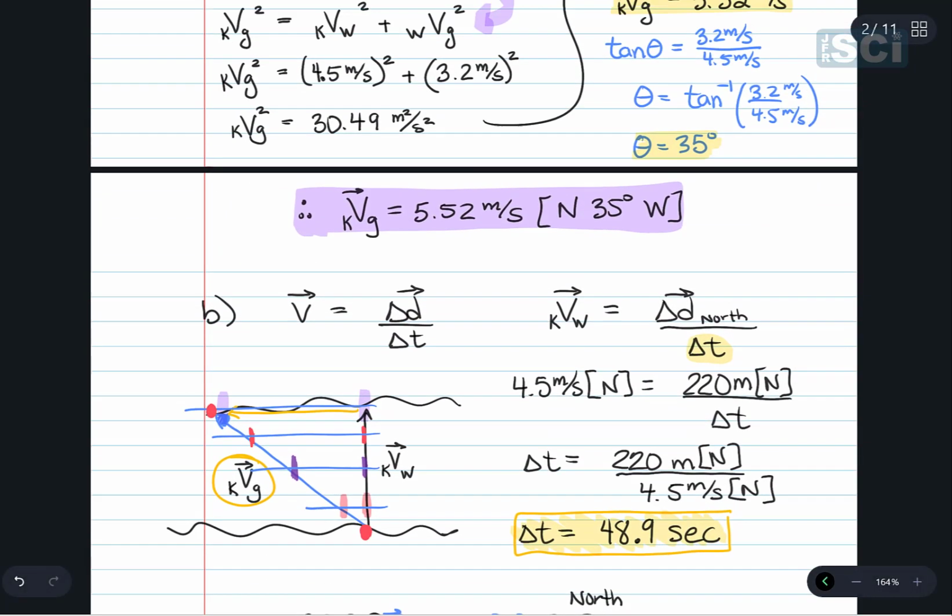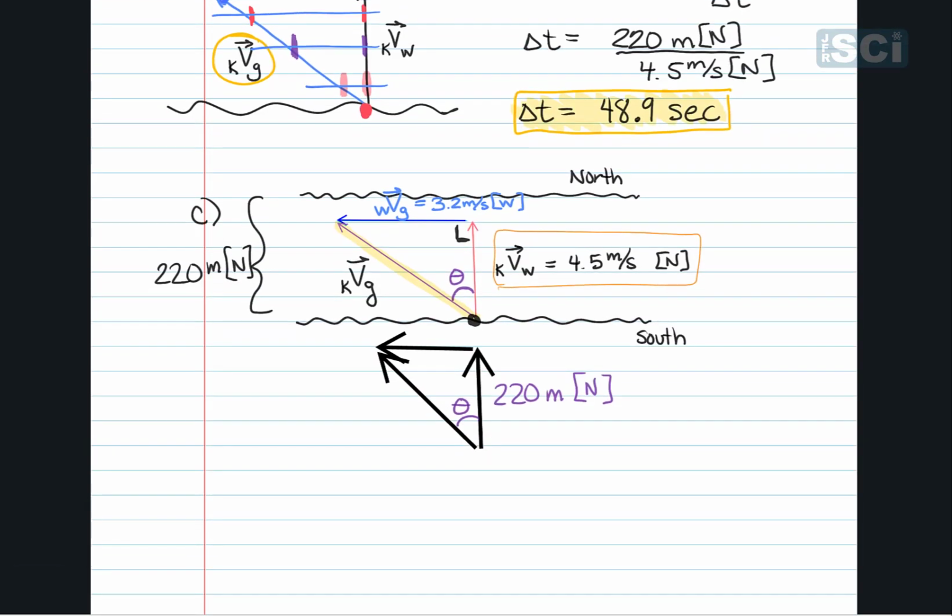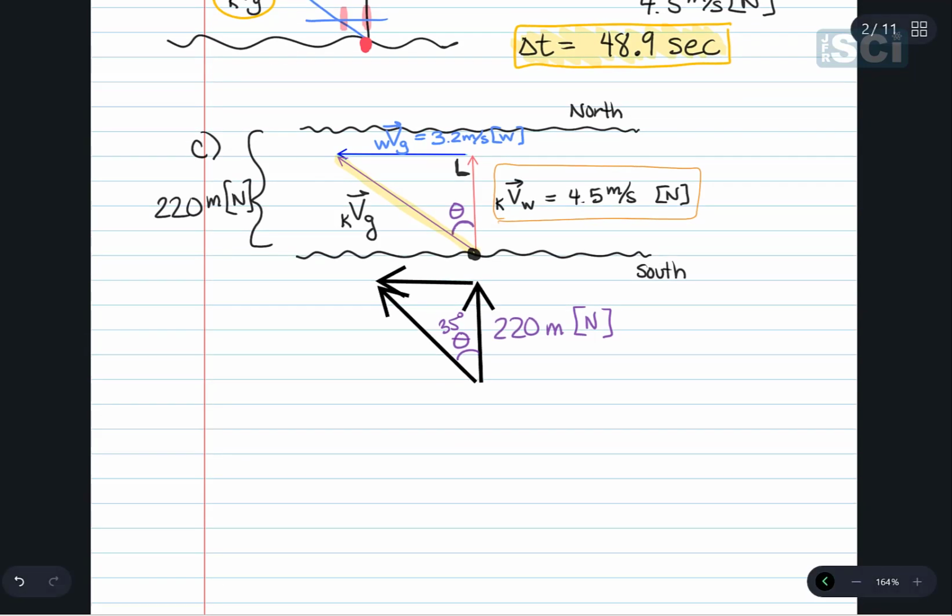We found the angle earlier to be 35 degrees. So this was 35 degrees. I can say, hey, I have the adjacent side and I'm looking for the hypotenuse side. That's one approach, by recognizing that the speed triangle, this one here, and the displacement triangle are similar triangles. That's totally valid, and let's go ahead and do it that approach.